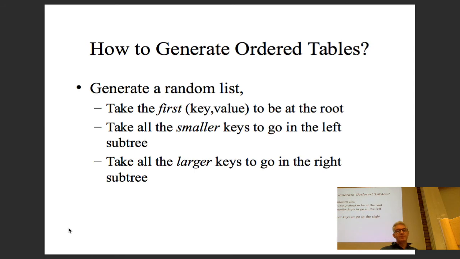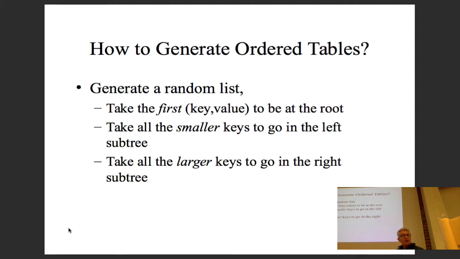But here's how I'm going to try and tackle this. It's how I'm going to try and generate ordered tables. I'm going to generate a random list. This will be a little bit easier. And then I'm going to take the first key value pair and put them up here.